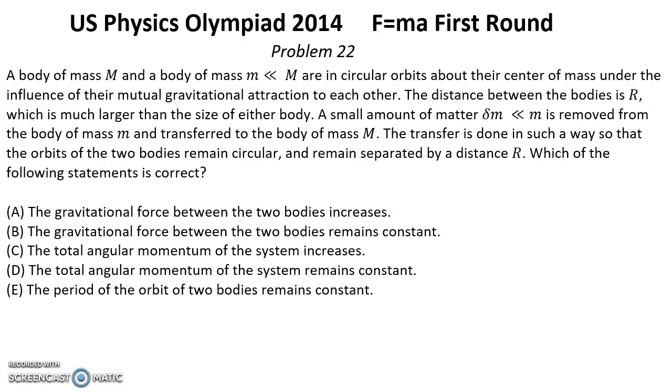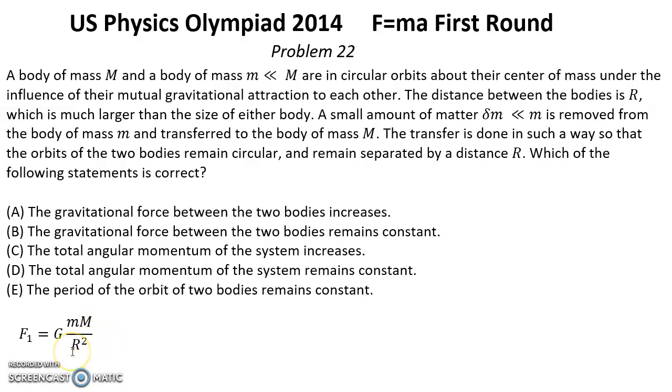Which of the following statements is correct? Solution. Let's check statement A. The gravitational force between the two bodies increases. Let's count this force. This force is equal to G small m multiplied by big M over r squared.